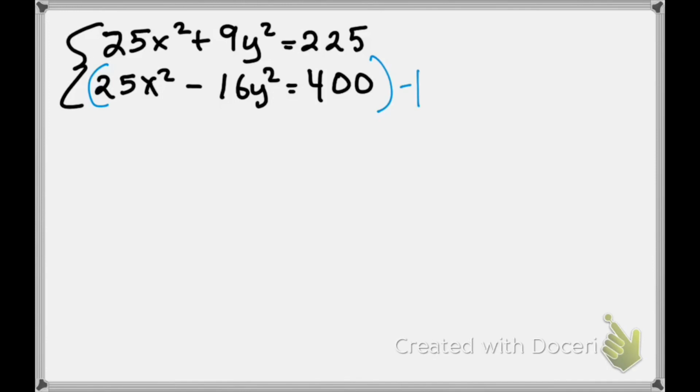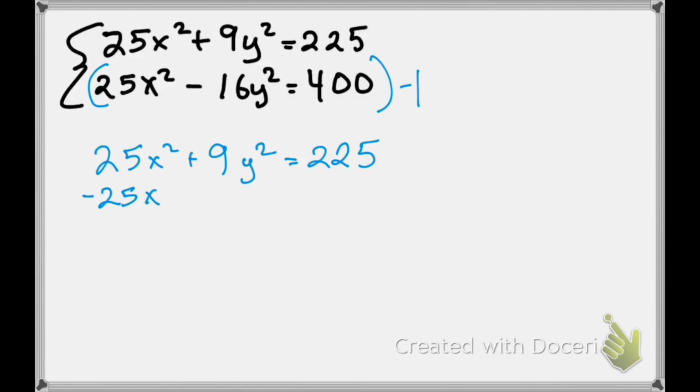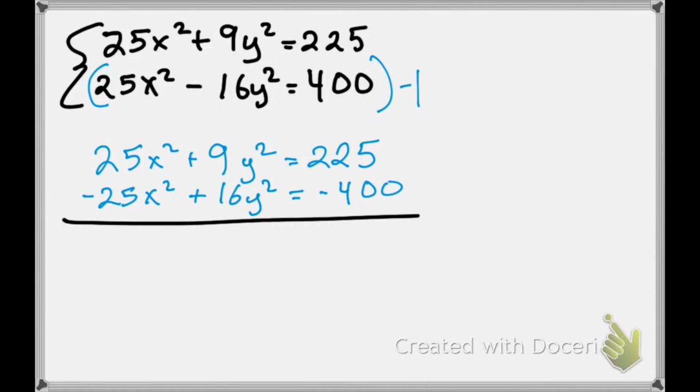So this will give me, write the top again first. So rewrite the top. The bottom one's going to give me negative 25x squared plus 16y squared equals negative 400. I'm going to add these two together.